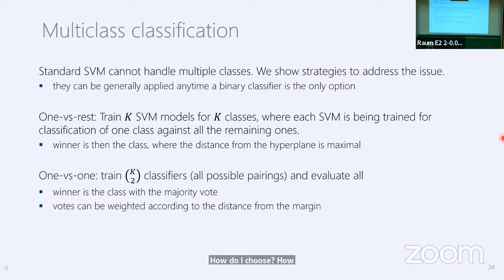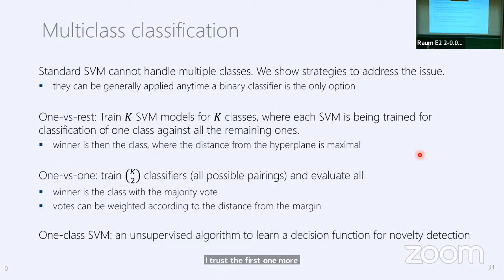So the first classifier says 0. The second says 0. The third one says 1. Out of all of these potential options, choose the highest. So if 0 is reported most often, I just choose 0. You can also do a weighted majority where the distance to the margin counts more. So if the first classifier says 0 with a high distance and the other one says 5 with a low distance, I trust the first one more.